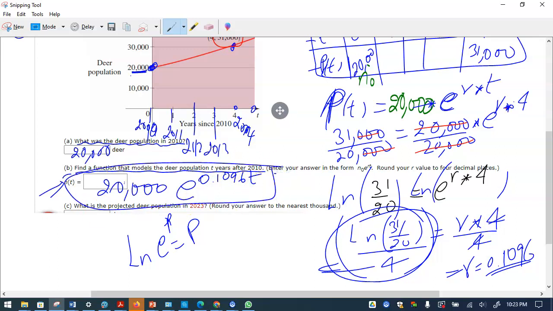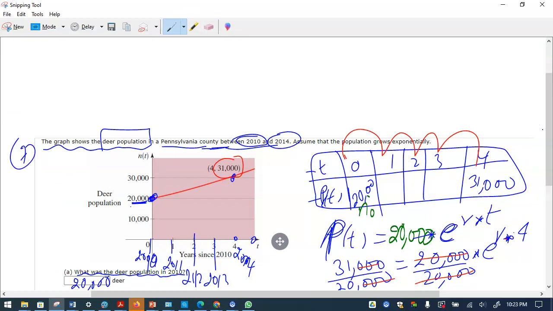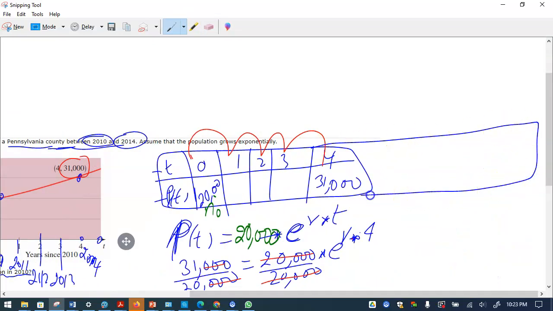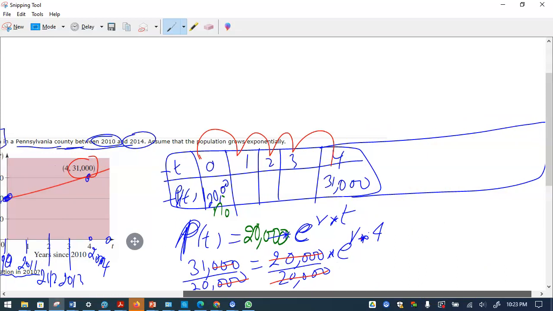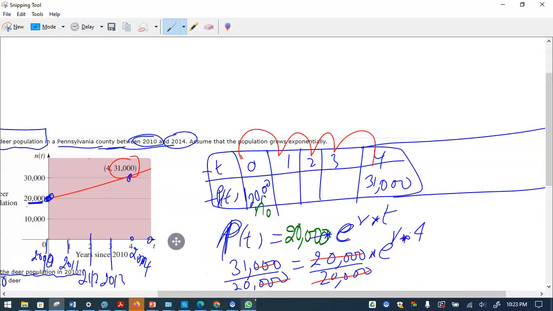That's it. And the next question, part C, is asking what is the projected population if it were in the year 2023. So if I want to continue going to the year 2023, this was 2010, this was 2011, this was 2014, and they're asking what is the population in the year 2023.